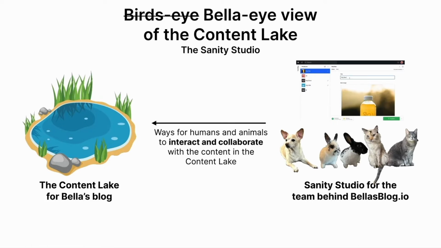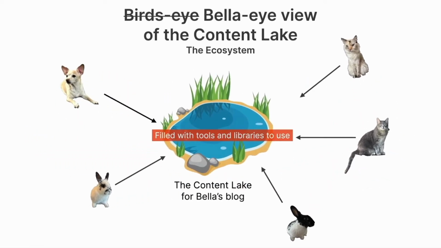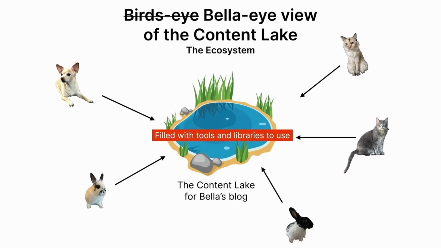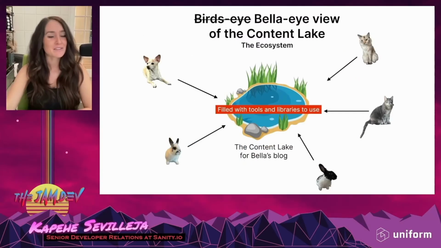And the last Bella eye view of the content lake is the ecosystem. So you'll find a bunch of tools and libraries to make it easier to work with structured content. There's also a bunch of people in the community who are working on these things as well. A lot of these things can be found in the Sanity Exchange, which we'll talk about at the very end of this talk. Now let's dive a little bit deeper into the content lake.